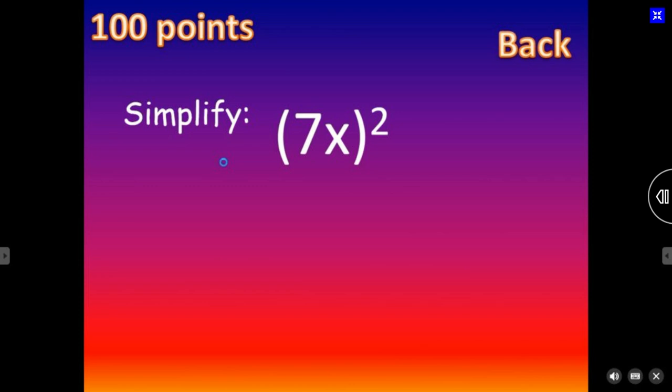Xavier again. What's the exponent on that 7? What's the exponent on that x? Two different answers will make this right.